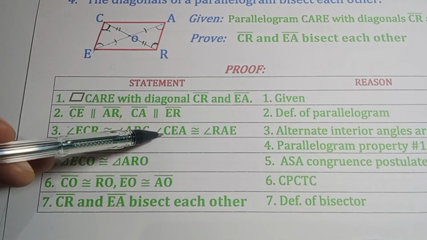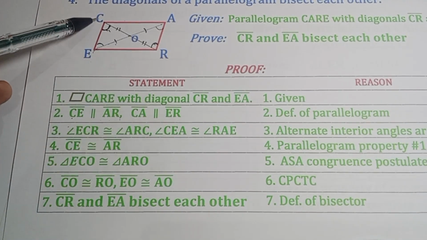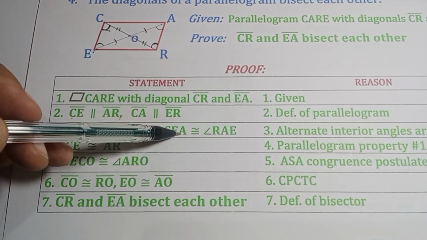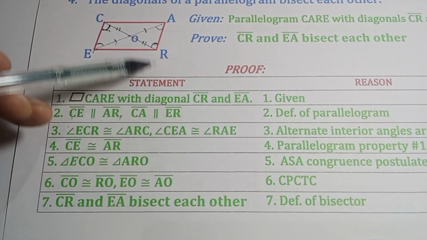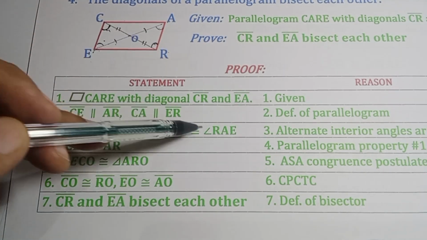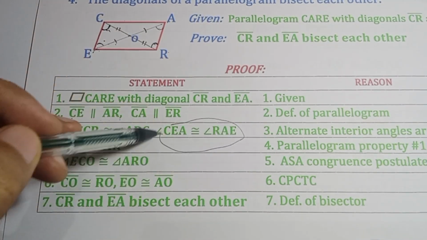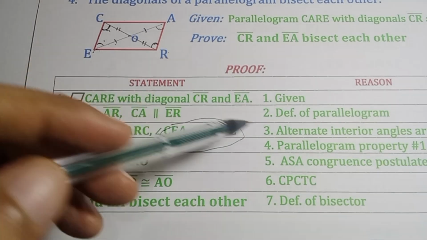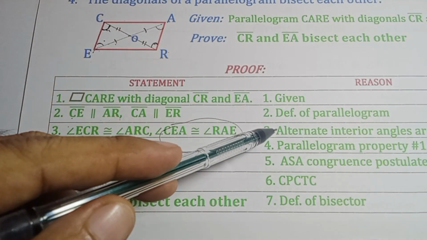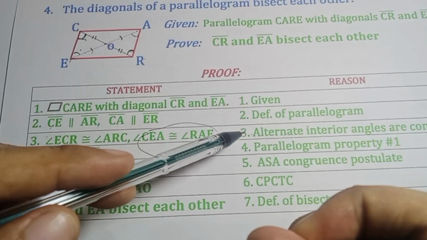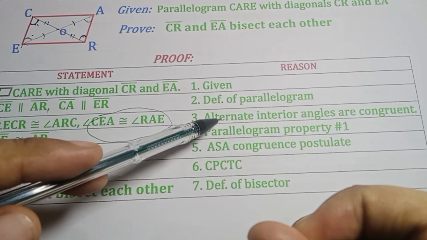And so we write angle CEA is congruent to angle RAE. So these two are congruent. Now this is our reason: alternate interior angles are congruent.